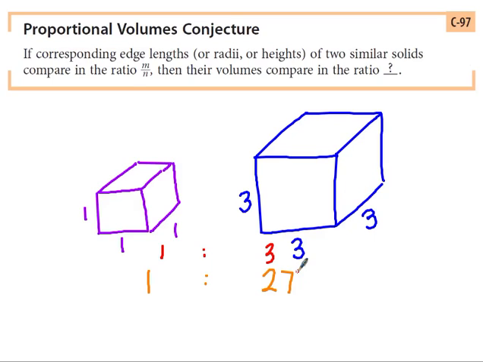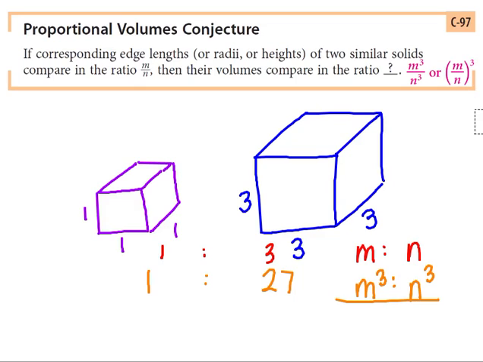Instead of it being 1 to 3 and 1 to 27, if the top is m to n, what is the bottom going to be? n cubed. m cubed to n cubed. Very good, that's exactly right. So they are in the ratio m cubed to n cubed.